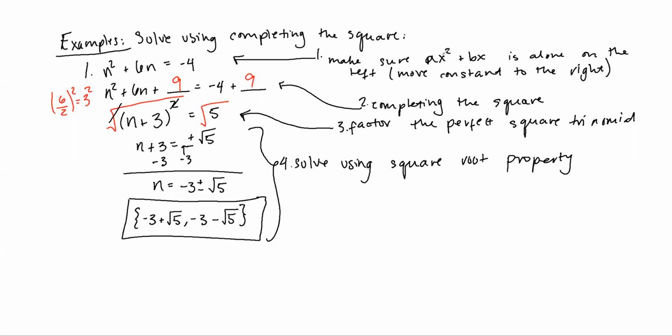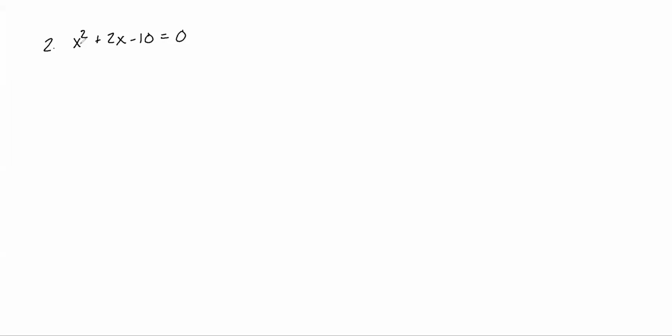First step is to make sure that the x squared and the x are alone on the left side, which they're not. We want to move our constant to the right. So we get x squared plus 2x. Now I'm going to leave a space here for when we complete the square. Put that space on both sides.